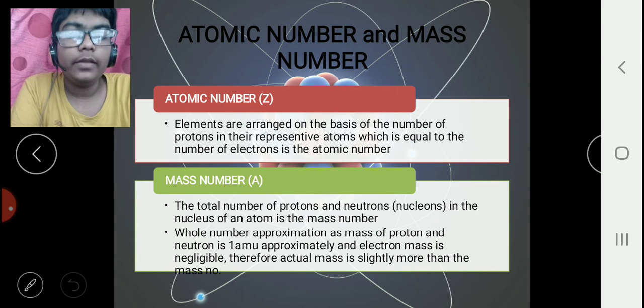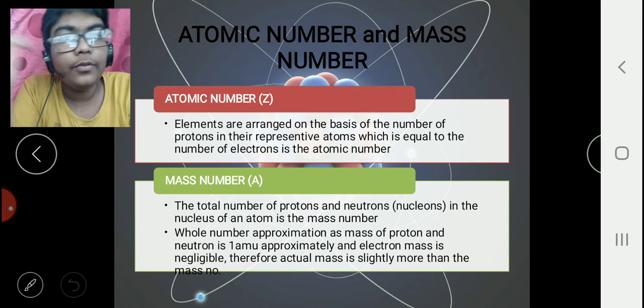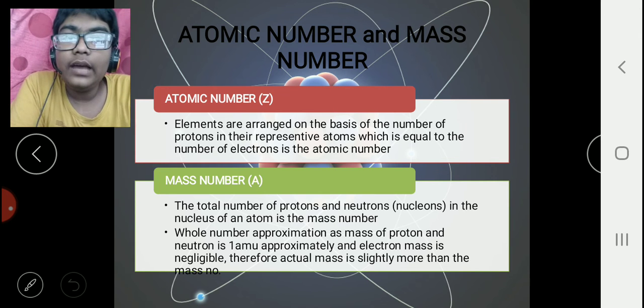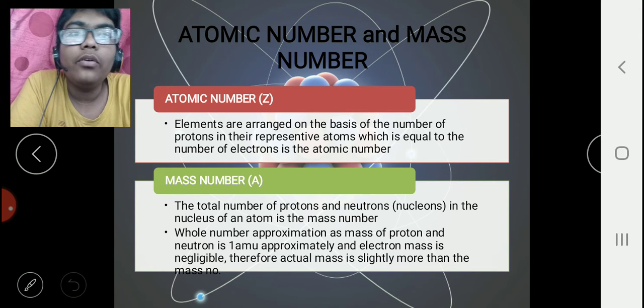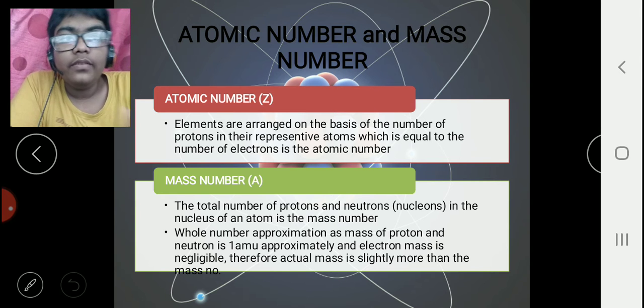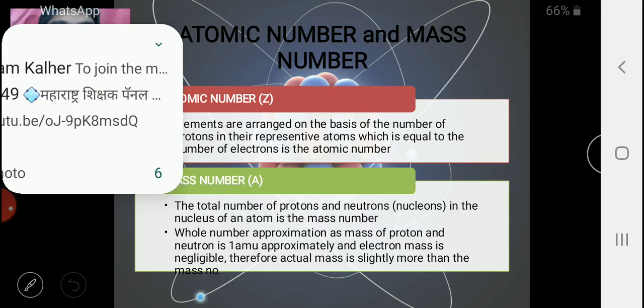Atomic number and mass number. What is atomic number? If you see the definition, elements are arranged on the basis of the number of protons in their representative atoms, which is equal to the number of electrons, and that is the atomic number.